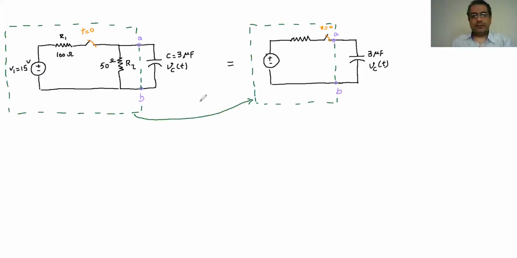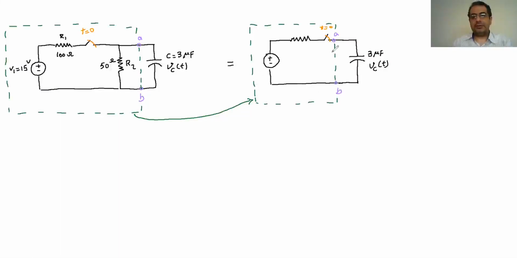And if you look at these two, you will see that this green box here and this green box here, the green box here is a Thevenin circuit for this circuit. So assume I have a circuit with two terminals, A and B, and then I want to replace this circuit with a single source and single resistance.